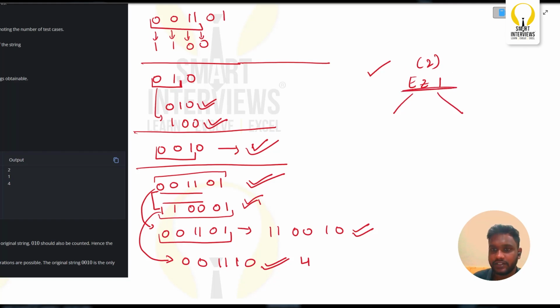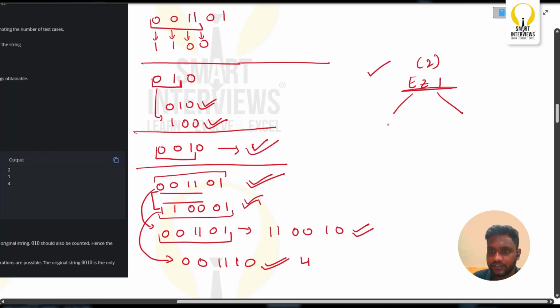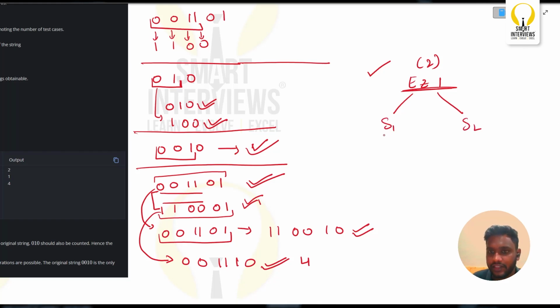Now at length 4, again we got equal zeros and ones, so we got two different strings from here.